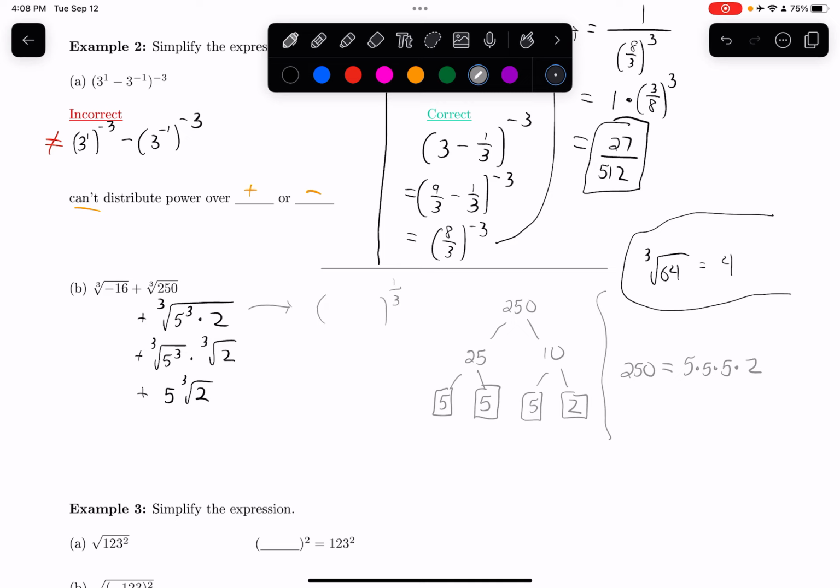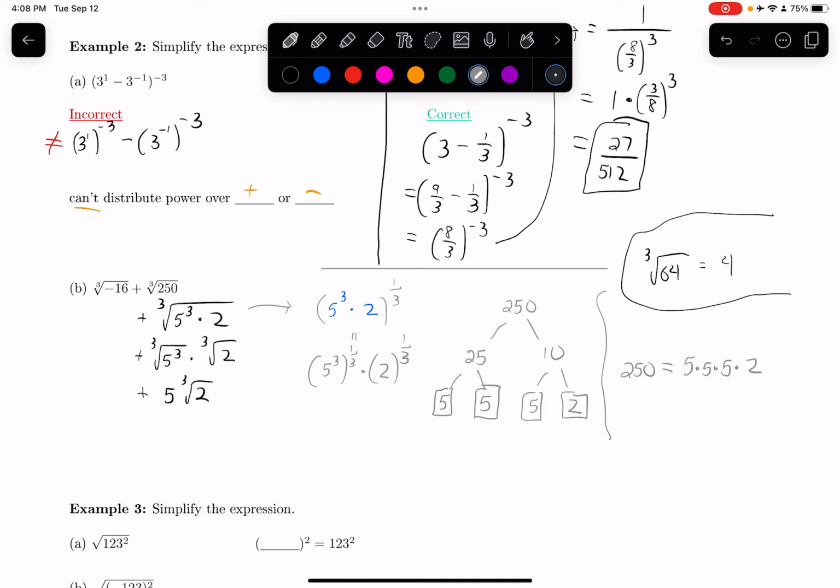So inside of the 1/3 power, I have 5 to the third times 2. And I do have an exponent property that says if I'm multiplying two things and that whole thing is being raised to a power, I can distribute that power to each term. So that'll give me 5 to the third raised to the 1/3 times 2 raised to the 1/3.